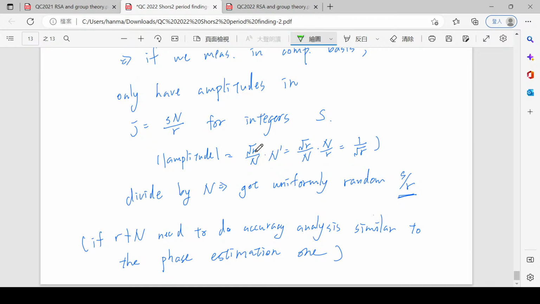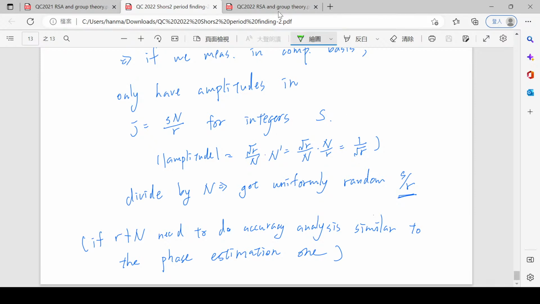That's similar to the analysis in phase estimation, so we skip that. Okay, so that's a review of Shor's factoring algorithm, and I think that's the only quantum thing we are going to talk about today.